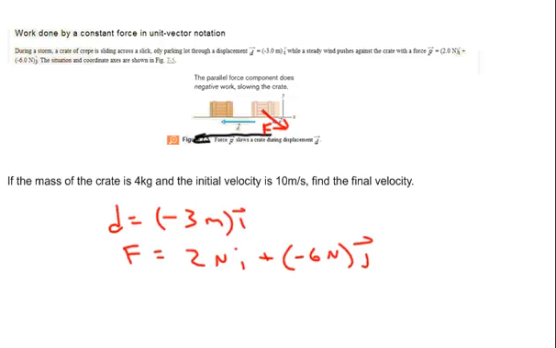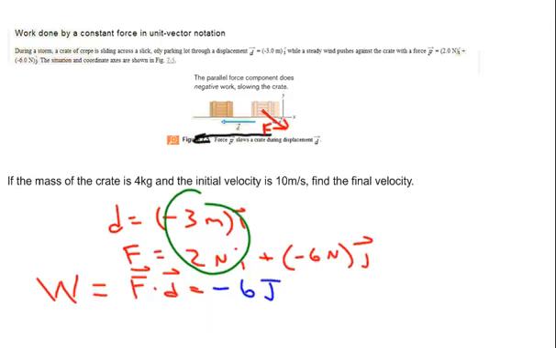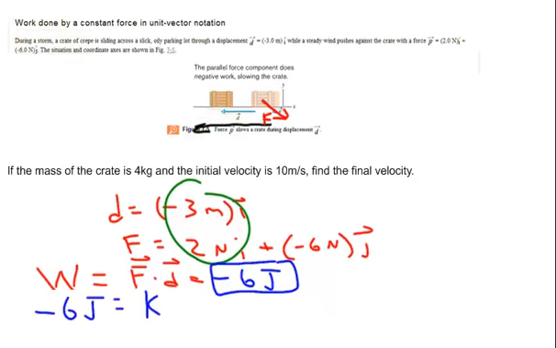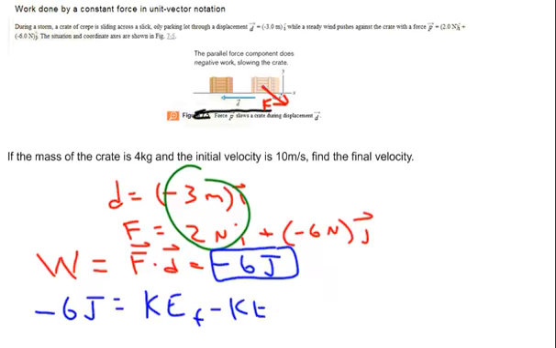It says if the mass of the crate is 4 kilograms and the initial velocity is 10 meters per second, find the final velocity. Well, the way that we can do this is we can say the work that's being done on this object is F dot d, and that equals -6, the units being joules, and the result of that work is a change in velocity.